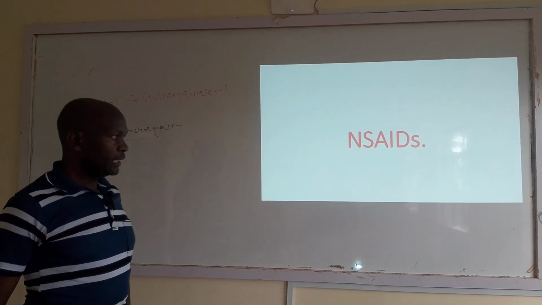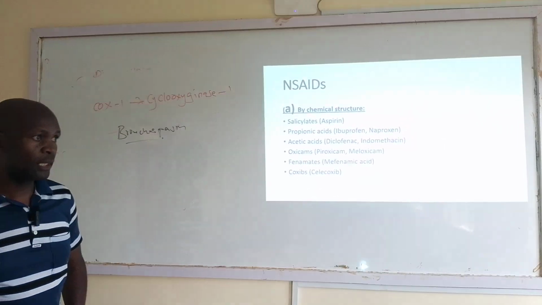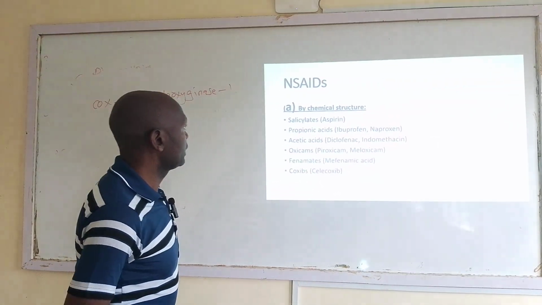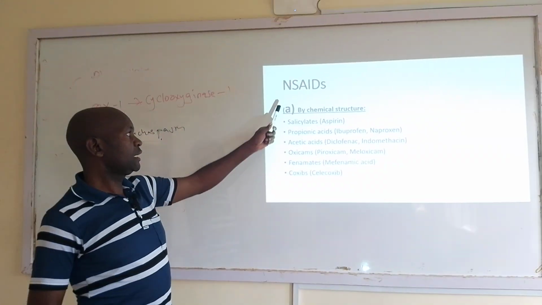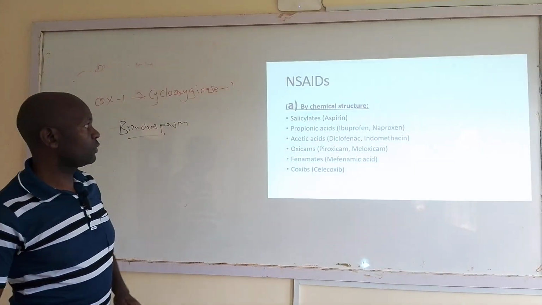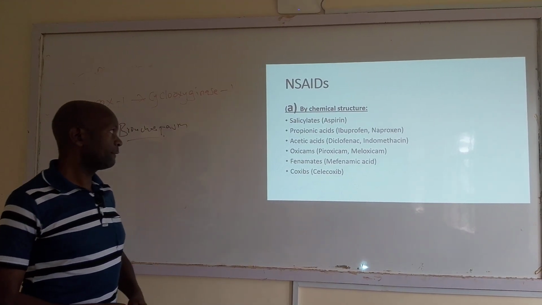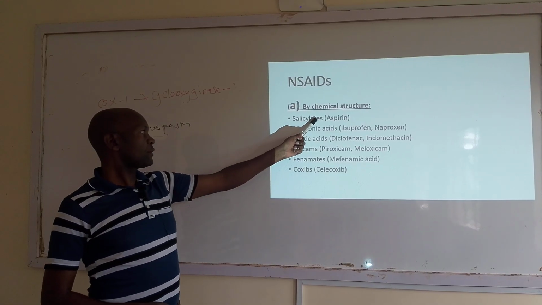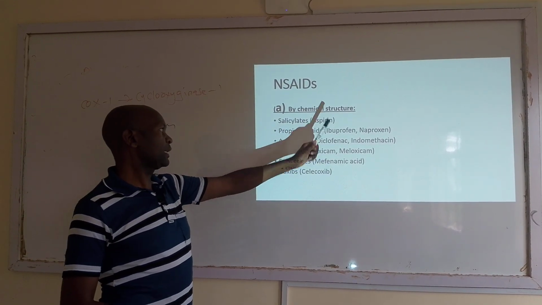So let's look at NSAIDs particularly. We are saying they are just non-steroidal anti-inflammatory drugs. NSAIDs can be classified into 2. We can classify them based on the chemical structure. When we classify them based on the chemical structure, then we have salicylates. An example of salicylates is aspirin.